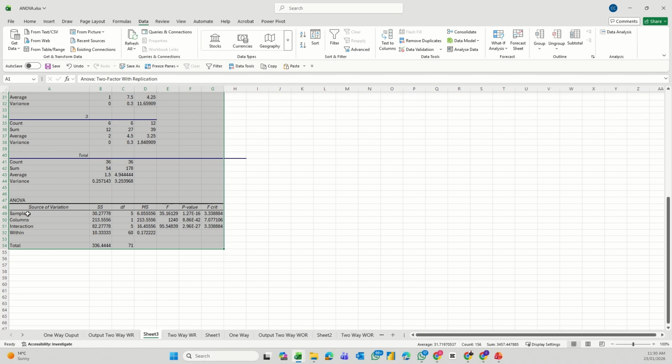Now you have sample, columns, interaction, and within. I would like you to also go and read up about this. I'm not going to explain it to you. It's part of what I'll give you as assignment. So check what the samples, the columns, and the interactions are, so that it will inform you better.